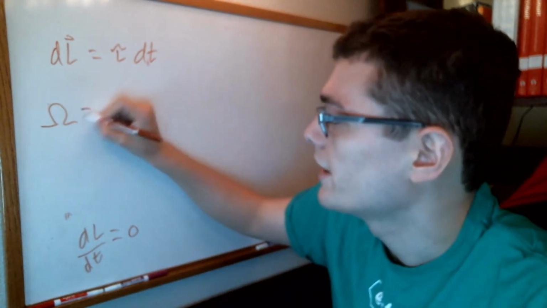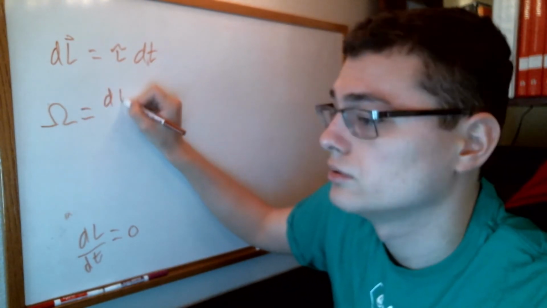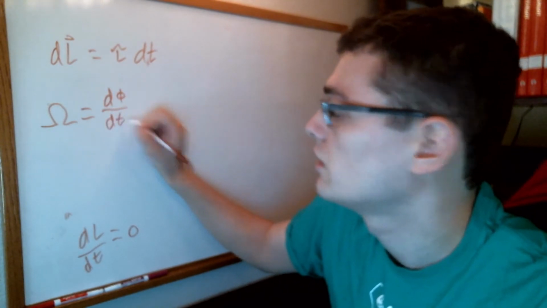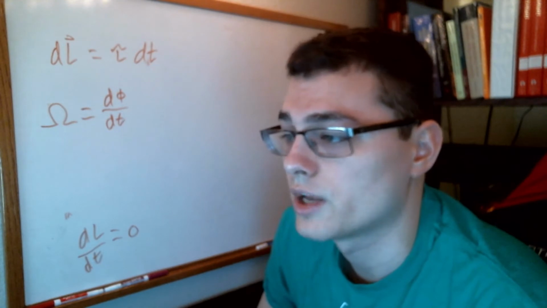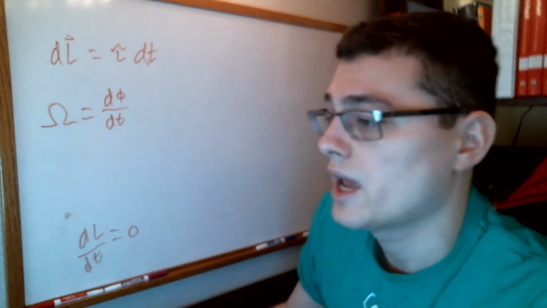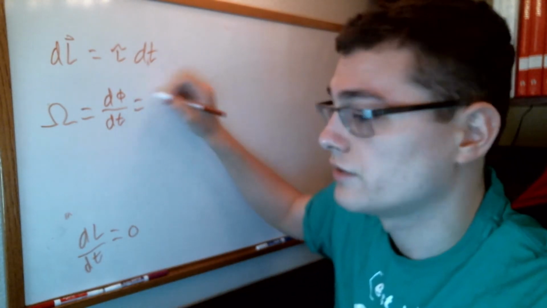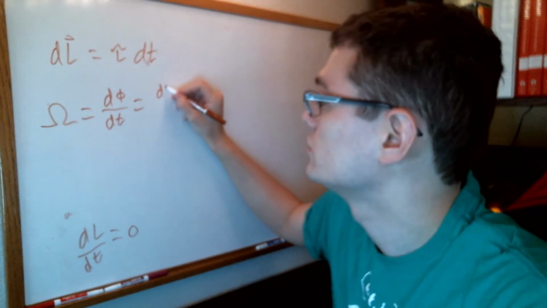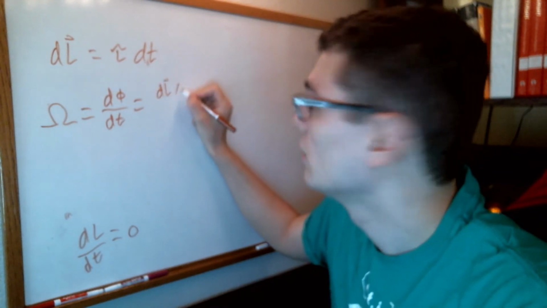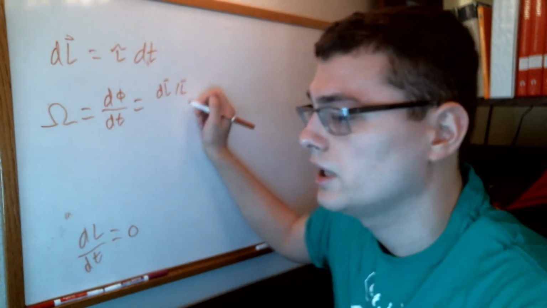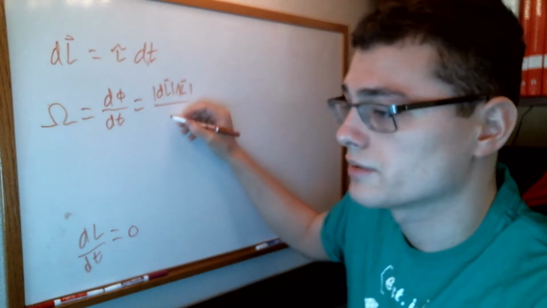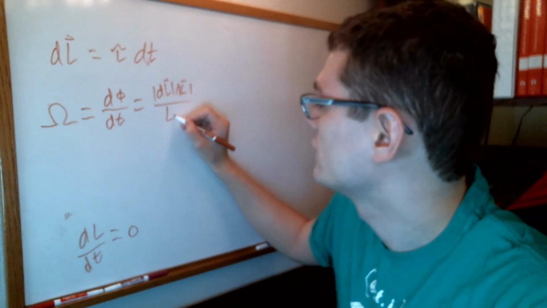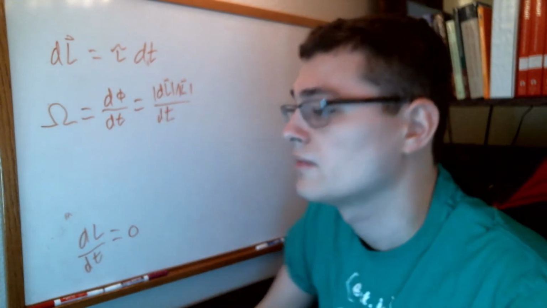This is going to be equal to d phi dt, which is the rate at which the axis moves. And this d phi is going to be equal to dL over L. These are magnitudes, so we put absolute value signs around them. And so then we're going to have this over dt.